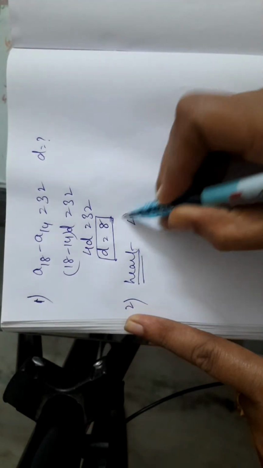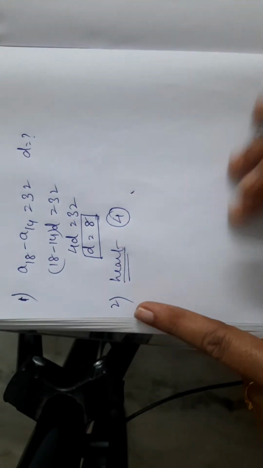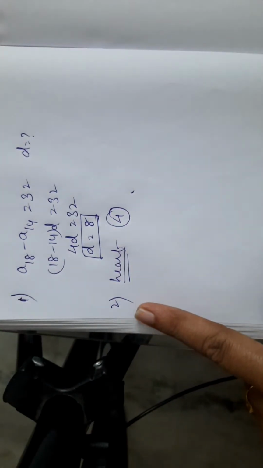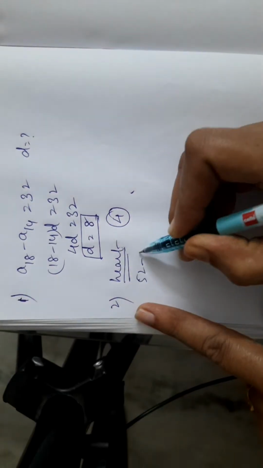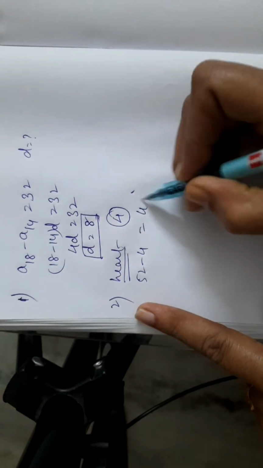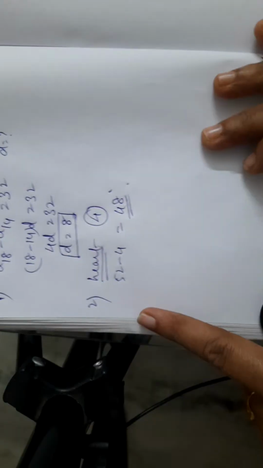Total there are 4 hearts out of 52 cards. They're asking for the number of outcomes favorable to E. So 52 minus 4, 48.